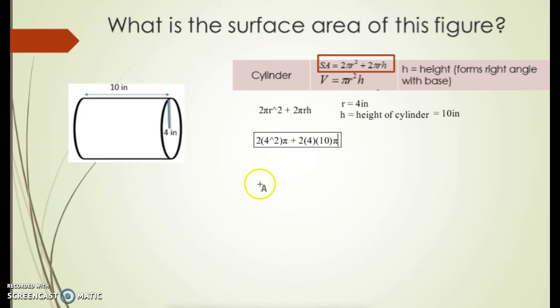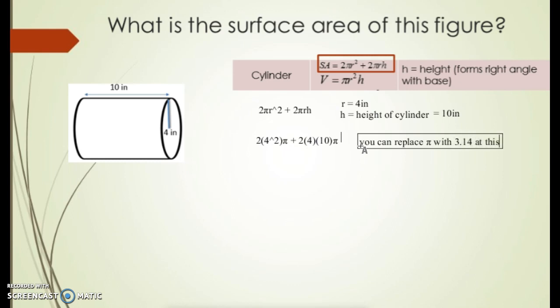It is okay at this point if you want to replace pi with 3.14, but I like to keep the decimals till the end.